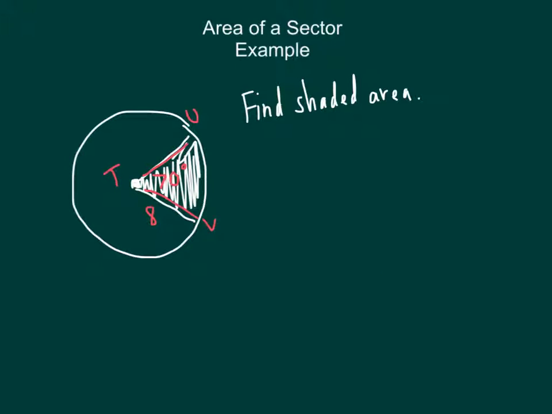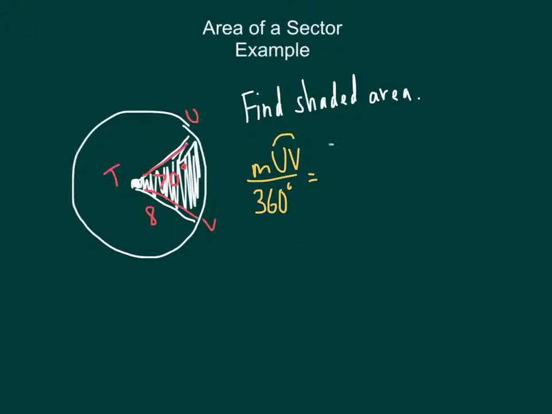So let's do one last example here, finding the area of the sector created by this angle UTV. So first, let's find the ratio of this sector to the entire thing. So remember, we do that with the measure of this arc, it's UV, over the entire circle, which we know a circle has 360 degrees.